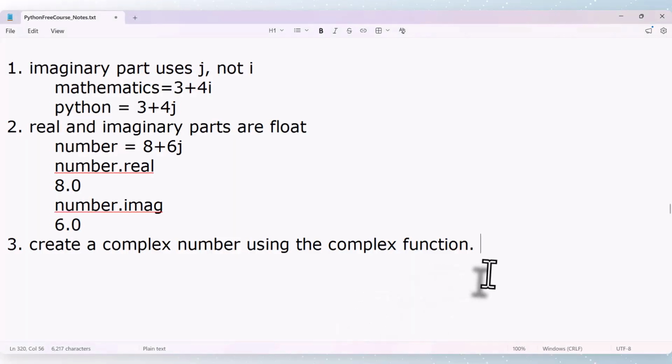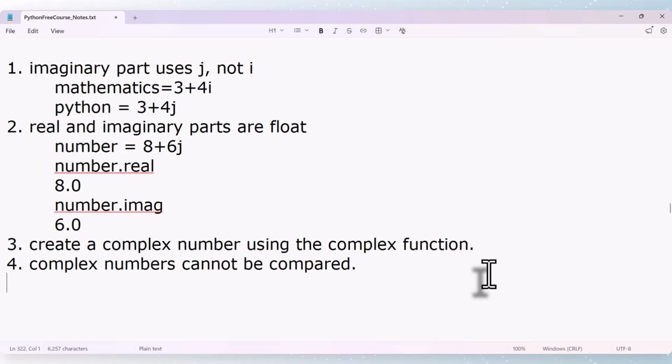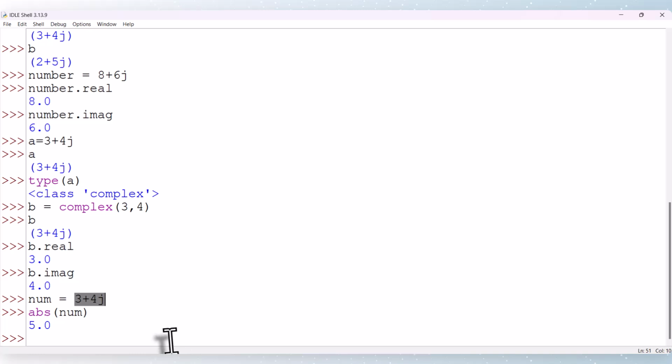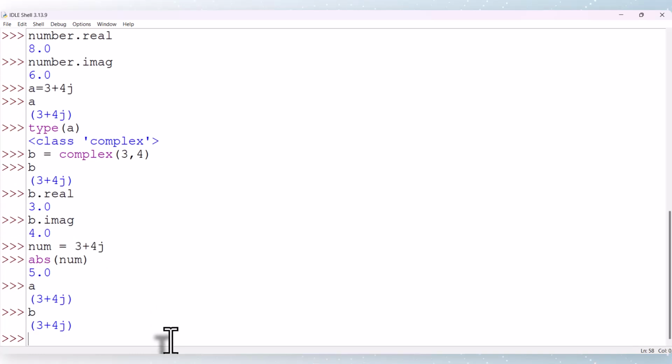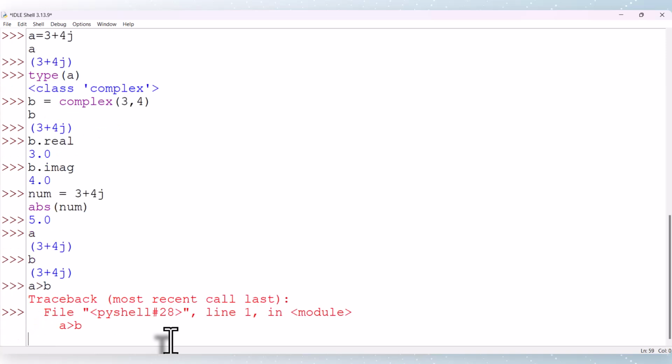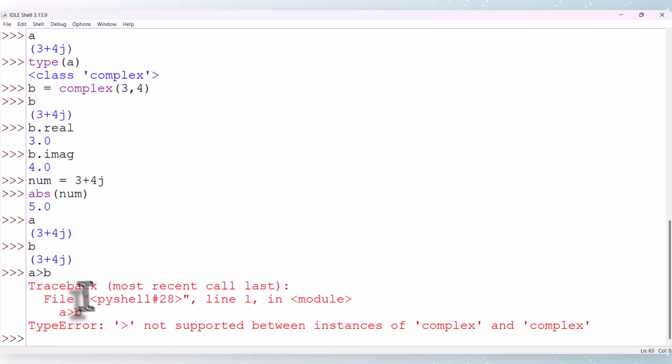Another important point I want to tell you here: complex numbers cannot be compared. This is a very important point. We cannot compare one complex number with another complex number. Here, if I have the values of a and b, you cannot say a greater than b, it is not possible.